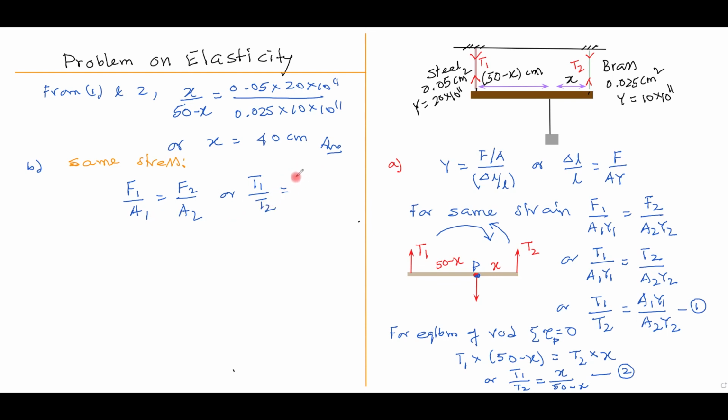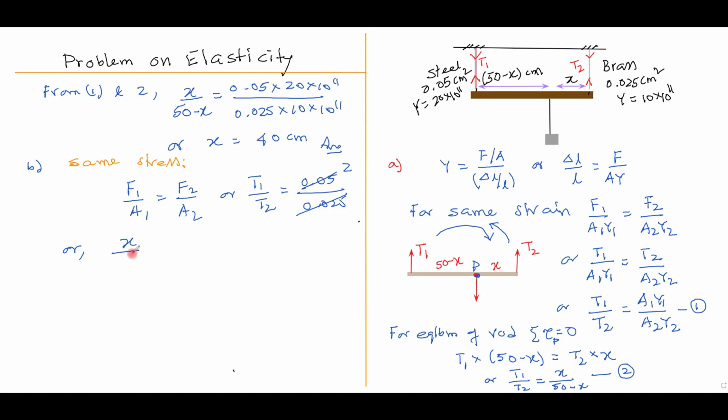A1 is known, 20 into 10 to the power 11. So that one is the Young's modulus. Which one? A1 is 0.05. Oh, 0.05, correct. So this is 0.05 and this one is 0.025. This is equal to 2. Now put the expression for T1 by T2 again.